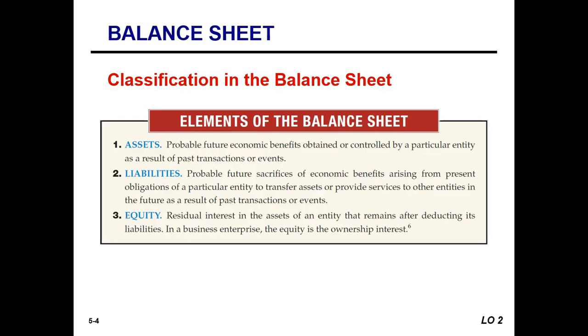Liabilities: probable future sacrifices of economic benefits arising from present obligations of a particular entity to transfer assets or provide services to other entities in the future as a result of past transactions or events. So again, we have purchased supplies, or equipment, or something else, and we've incurred a debt, an obligation.